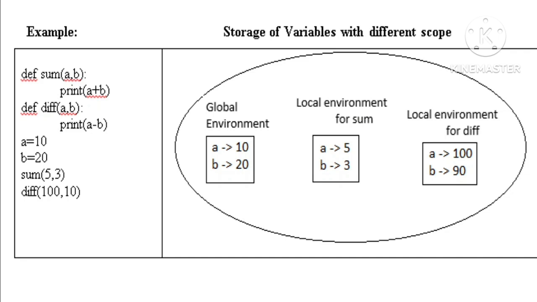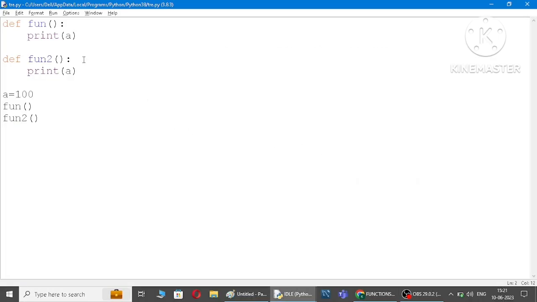Local cannot be used outside the function, but global can be used anywhere inside the function. But a local variable is always given the first preference. So when you have two variables A, one here as well as inside the function, and try to print A inside the function, the local value will get printed, not the global one. Okay, I will make it clear.